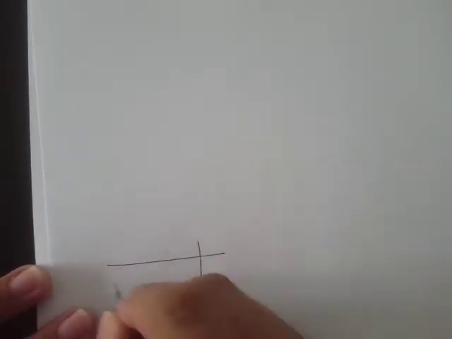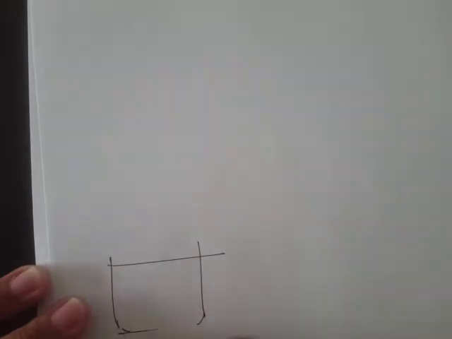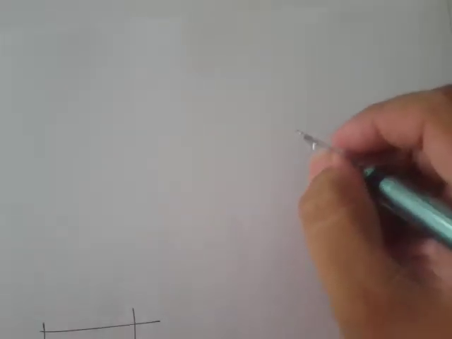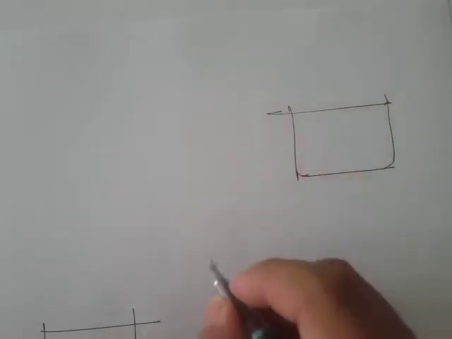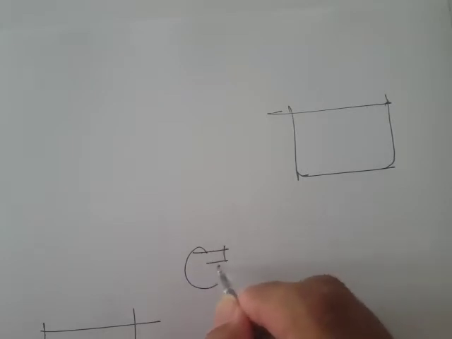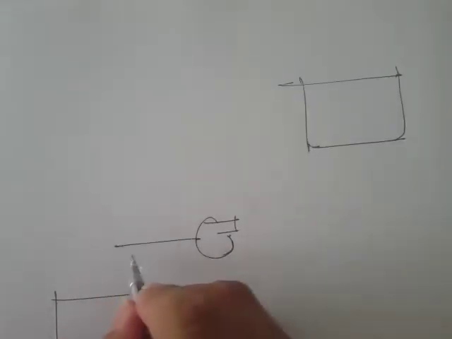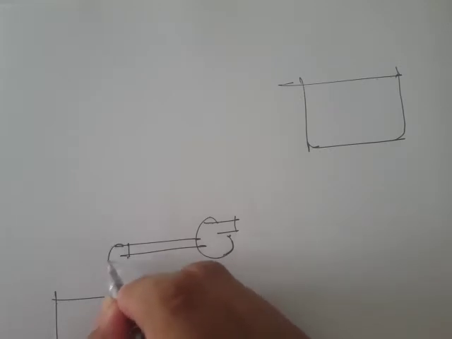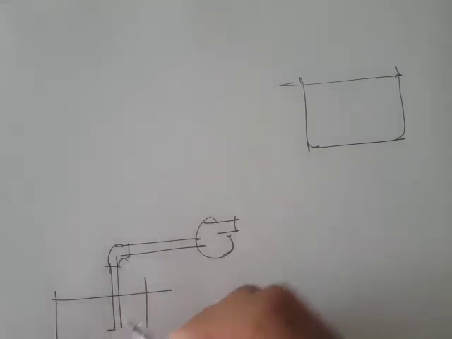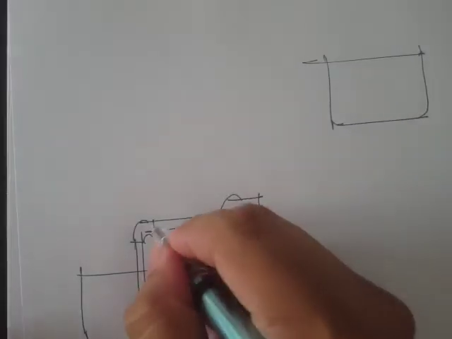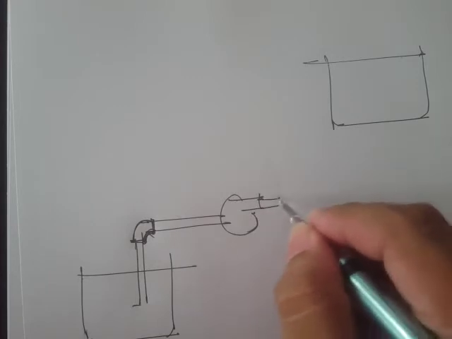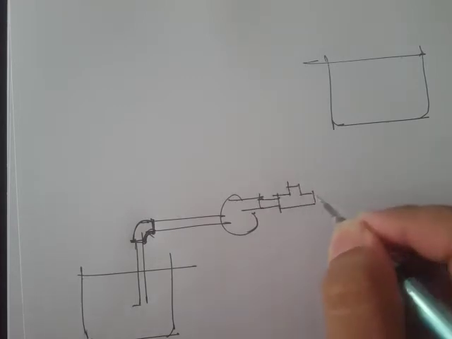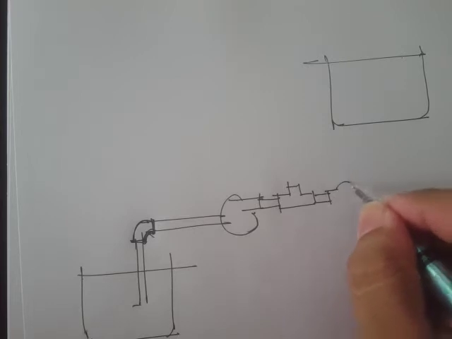A pipe system basically includes, for example, a reservoir over here, and then we have to transport the water into this reservoir. Therefore, we will need a pump. And with this pump, we will also need pipings, or the pipe itself, plus the fittings. For example, we have an elbow, and here a T, another fitting, and here a valve.